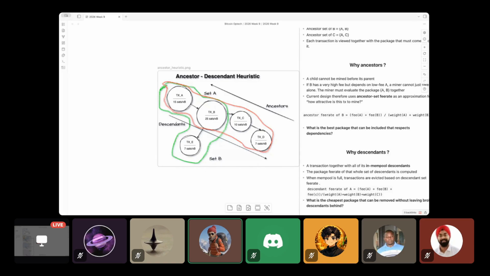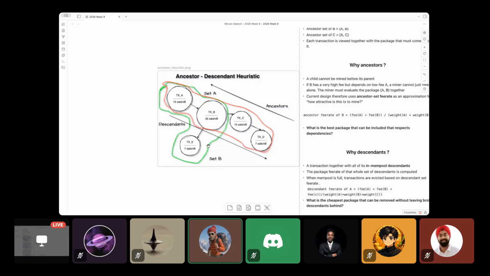How we reason about this entire group of transactions is what is called ancestor descendant heuristics. This is what currently exists in Bitcoin Core. There is a particular way in which you can calculate the best set of transactions that you can pick, because if you look here, A to D is one set, and similarly A, B, and E can be one set.